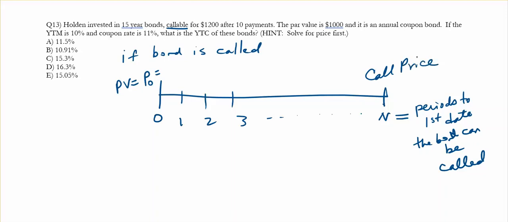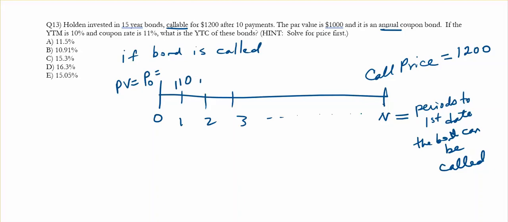Now in this case, the call price is $1,200. You will receive the coupons of $110. I'm sorry, not divided by 2 because it's an annual bond.